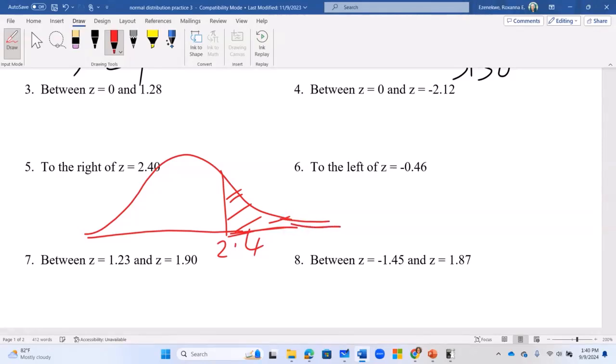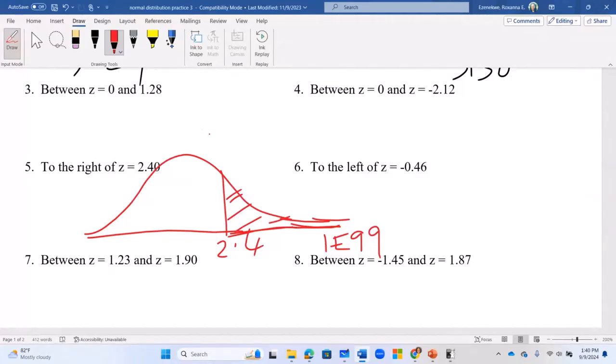Remember that this is going to positive infinity, asymptotic to the x-axis. And your calculator does not understand infinity. It understands 1e to the power 99. So I'm finding the area to the right of 2.40.